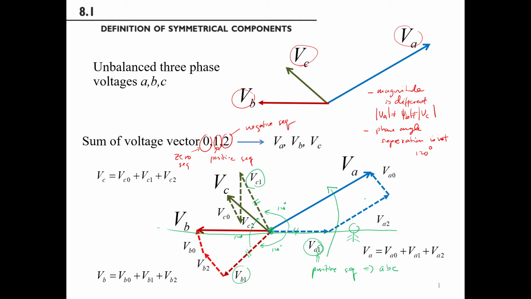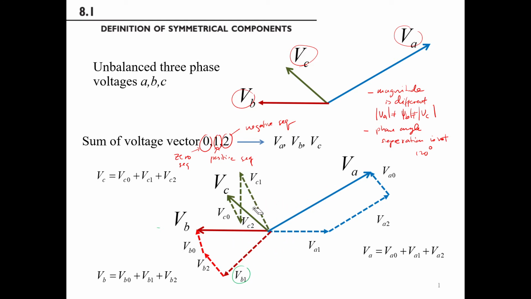That's why this is the ABC, which is denoted by the subscript 1. So let us delete the positive sequence. In this case, you see what we mean by positive sequence.